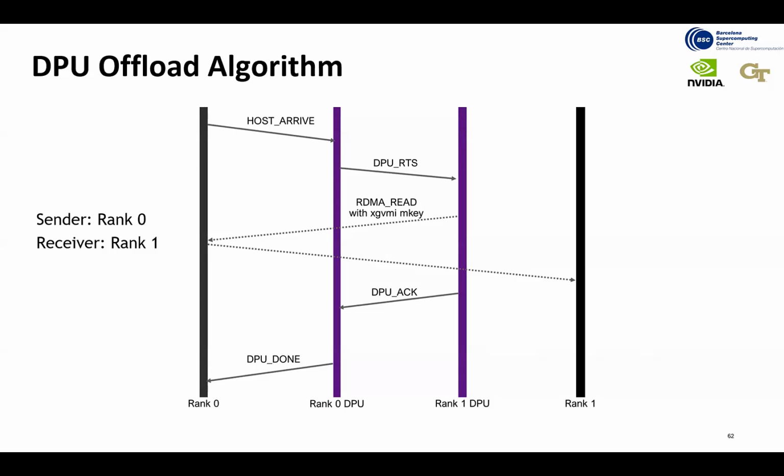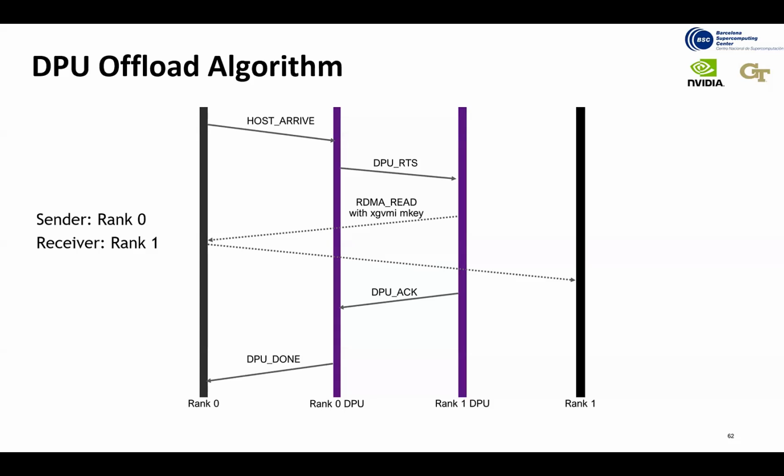Once the cross-GVMI operation completes, the service process acting on behalf of rank 1 sends an ACK to the service process acting on behalf of rank 0. And once it's done, we can send a DPU done message back to the host, which basically notifies completion for that specific step.